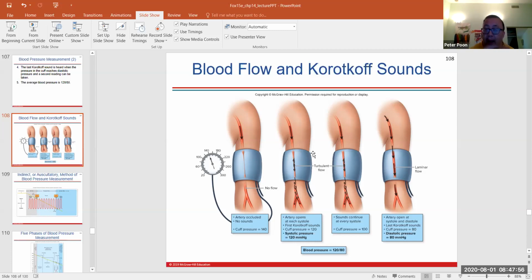The cells are all banging into each other because they're going through a very narrow tube. The flow is no longer something called laminar, where everything flows in lines. This is turbulent flow. They all bang into each other because they go from a thick tube to a very narrow tube, and they can't fit together. So they bang into each other and cause turbulence. That's what you can hear.